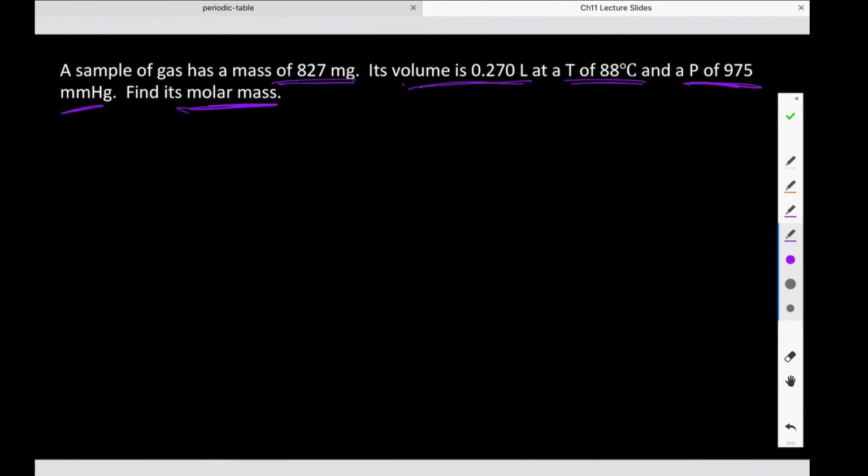So a sample of a gas has a mass of that. Let's say we wanted to employ that molar mass equation, because I would like to find molar mass, so that makes this one really convenient. So I need a density. What's density again? Mass over volume. So if I have 0.827 grams over 0.27 liters, that is density.